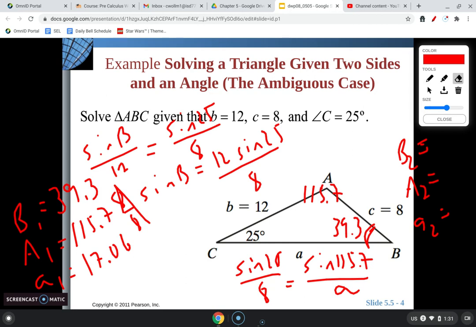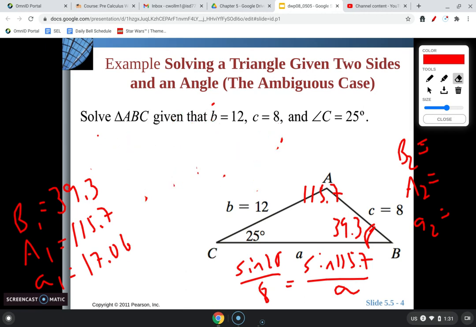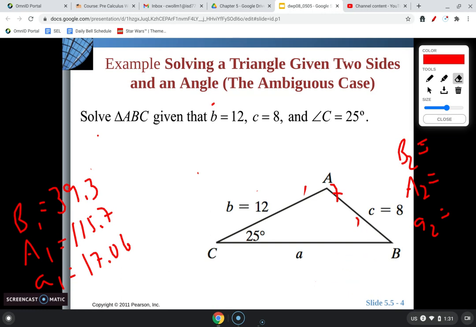All right, to find the second set of stuff, because these can be two angles, it's called the ambiguous case. That first angle that you find, in this case B, would be called your swing angle. So to find our B2 stuff, we're just going to take what we found for B1, which was 39.3, and subtract that from 180.